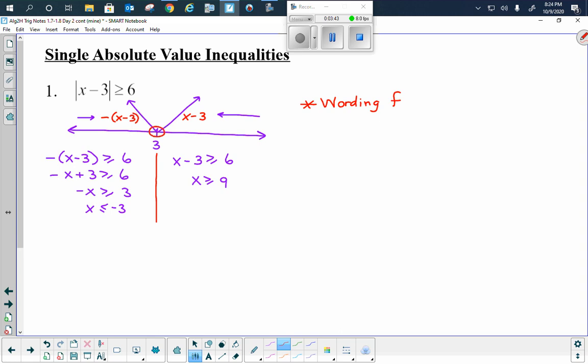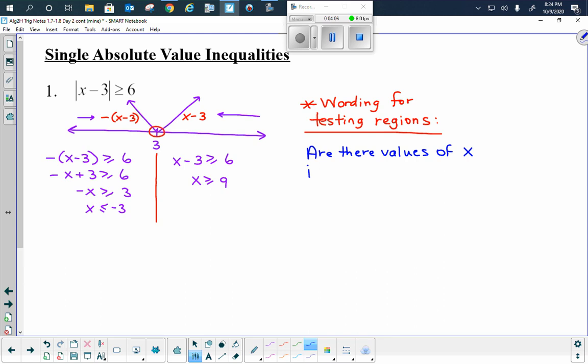So the wording for testing regions needs to be the following: Are there values of x in this region that are... Okay, that's the wording you've got to be able to say to yourself.